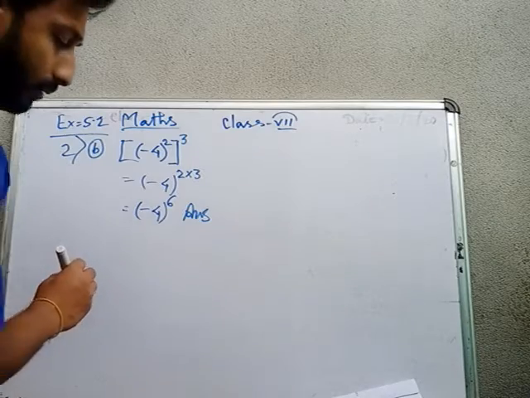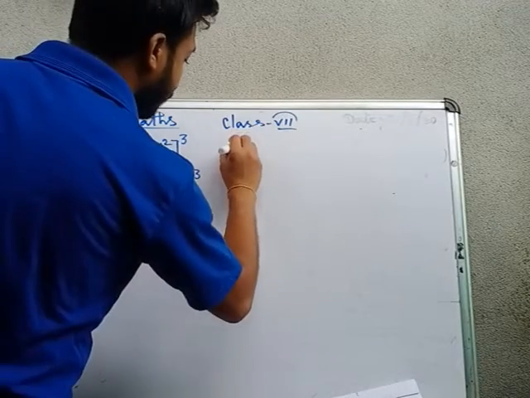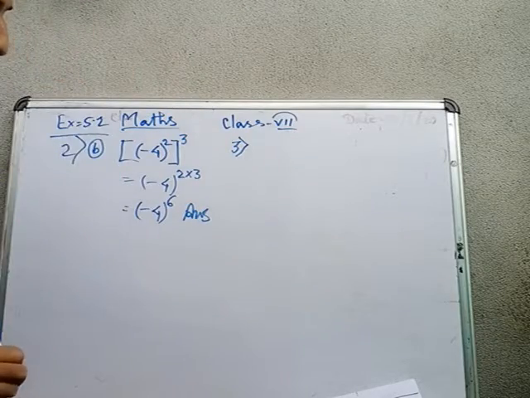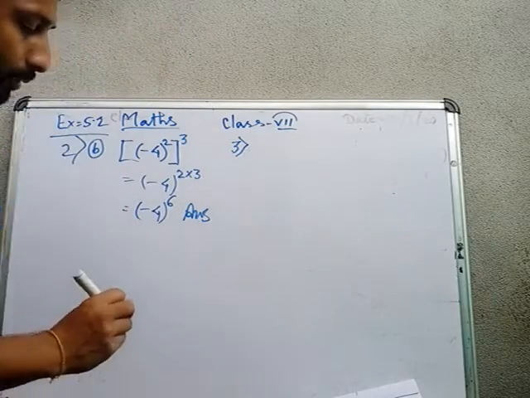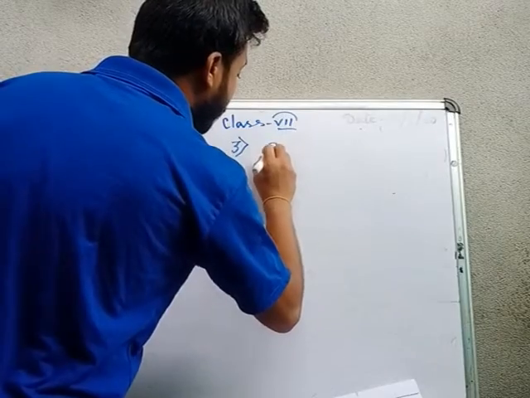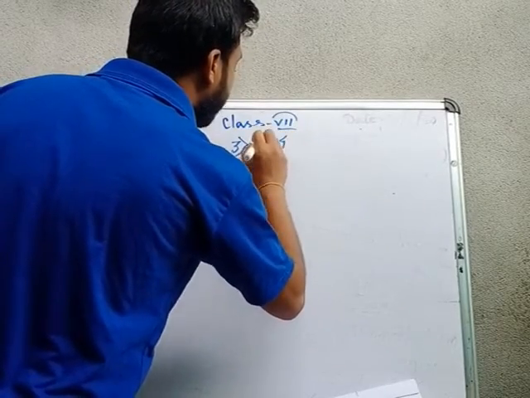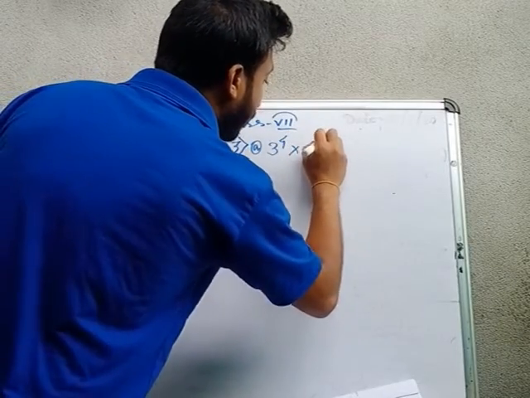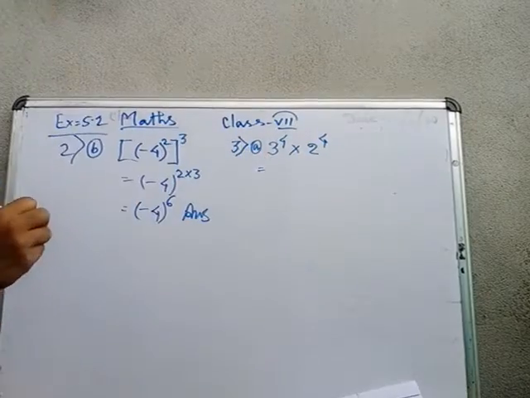Next I will tell you number 3. From number 3, multiply and find the product in exponential form. If it is the exponential form, on that time we do not calculate the value.